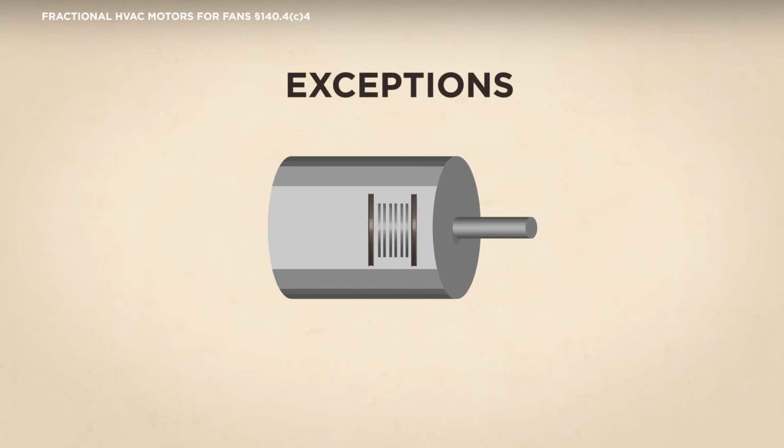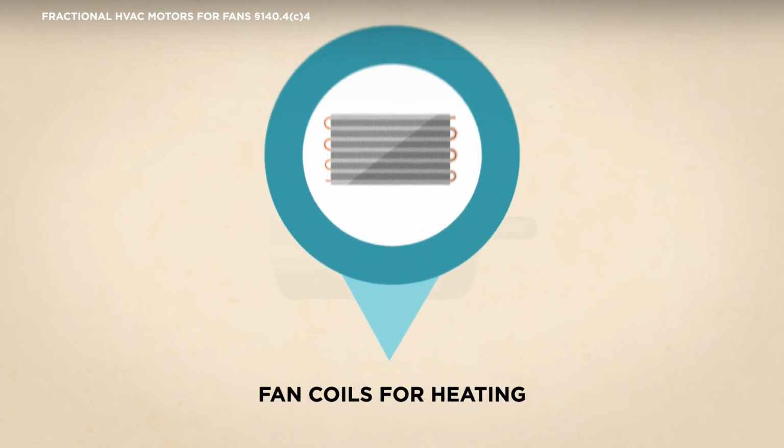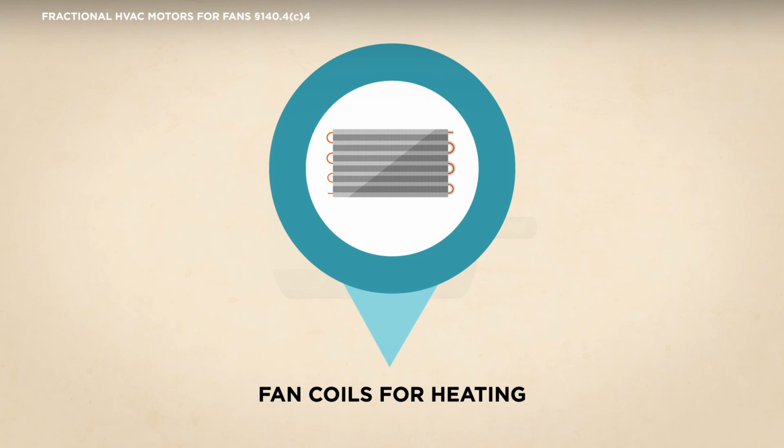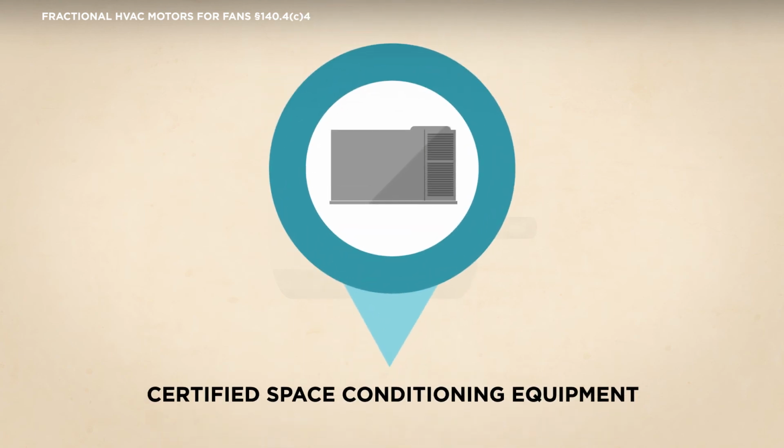There are 2 exceptions to the requirements for HVAC fan motors. 1. Motors in fan coils and terminal units that operate only when providing heating to the space served. And 2. Motors in space conditioning equipment certified under the Energy Standard's mandatory requirements for appliances or space conditioning equipment.